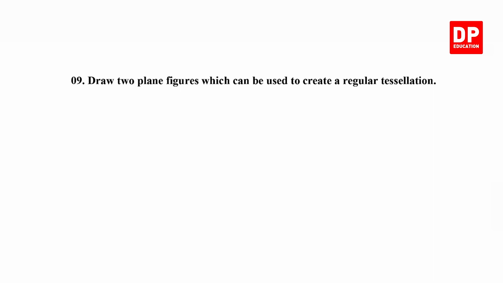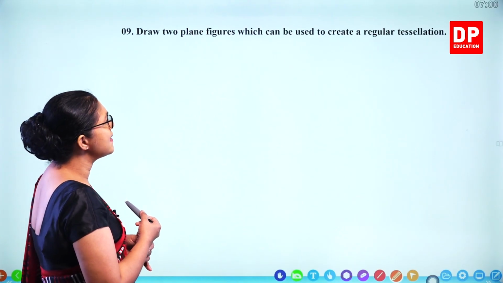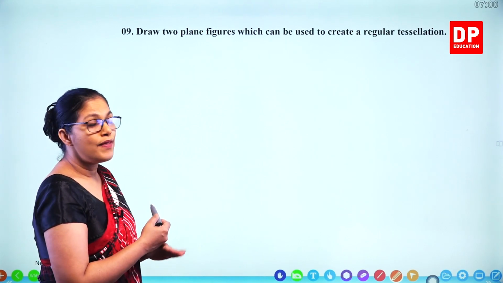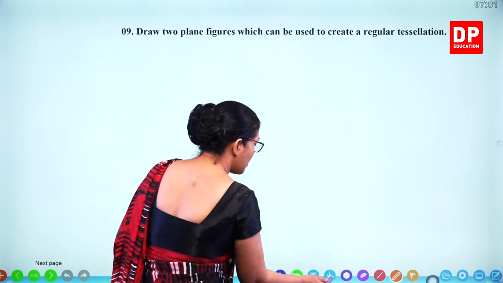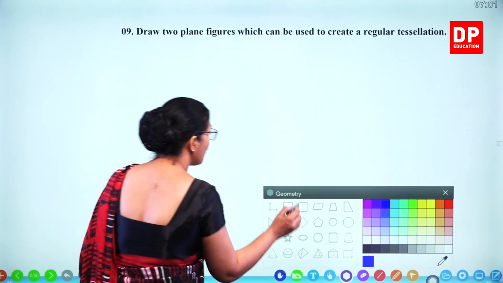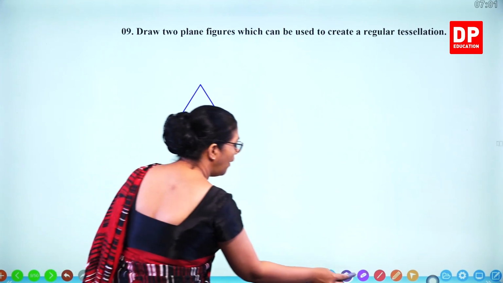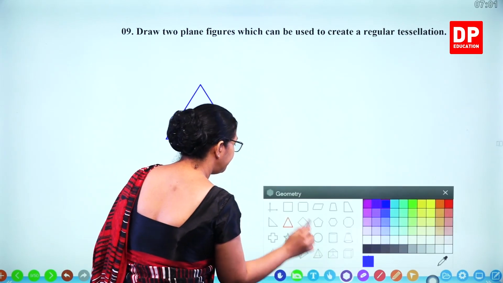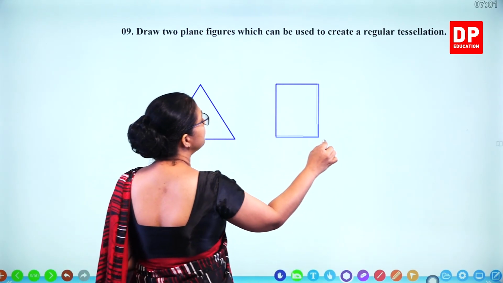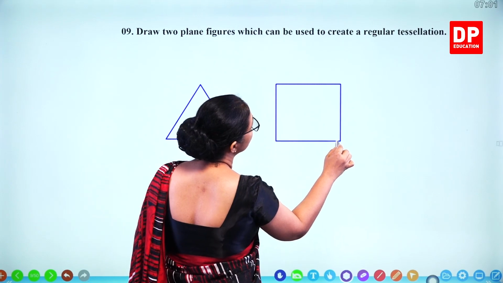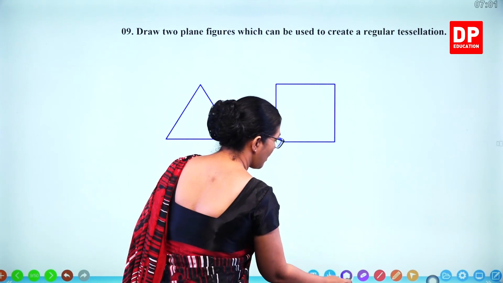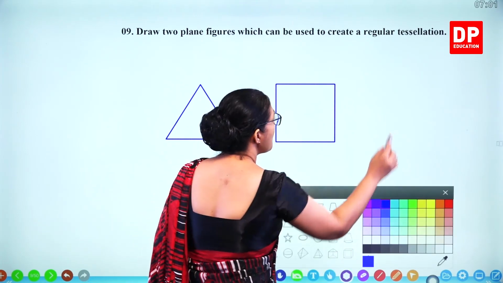Question number 9. Draw 2 plane figures which can be used to create a regular tessellation. So we know there are 3 shapes. You can draw an equilateral triangle and a square. And what's the other shape?